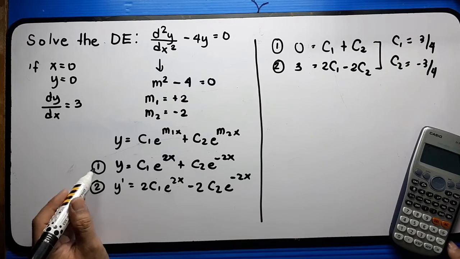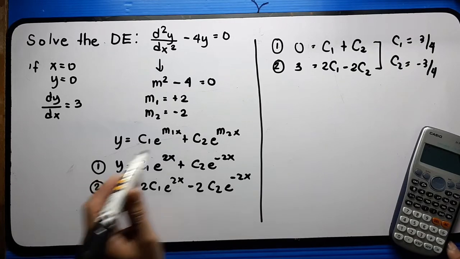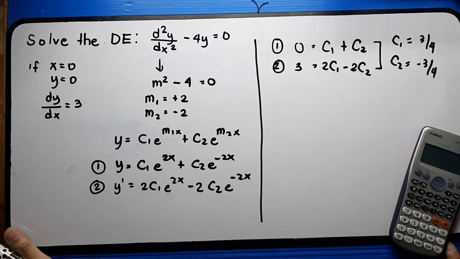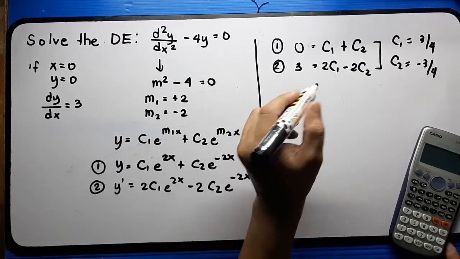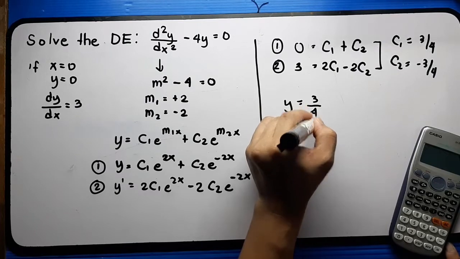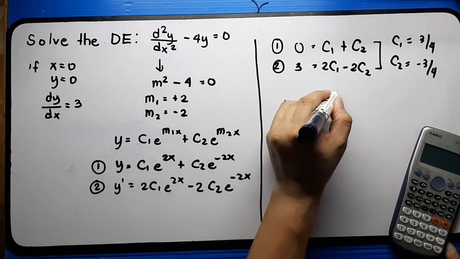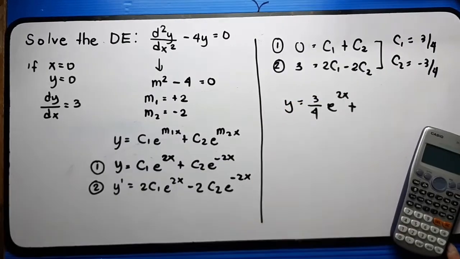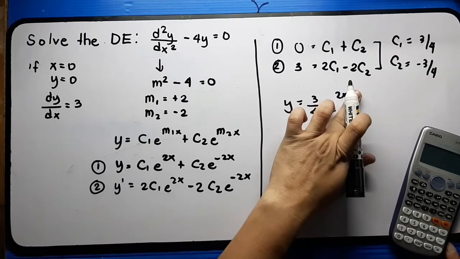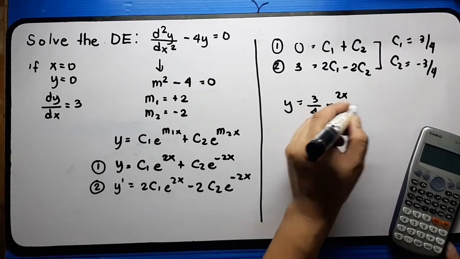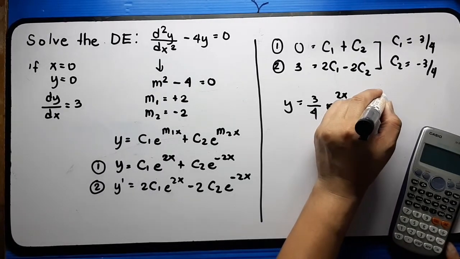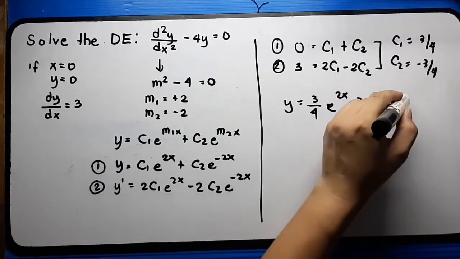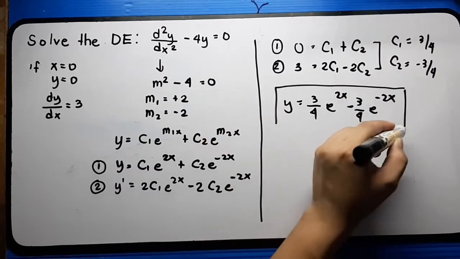So using the first equation and the values of c1 and c2, our final answer here is y equals 3/4 e raised to 2x plus, or this is now negative 3/4 e raised to negative 2x. So this is our final answer for this problem.